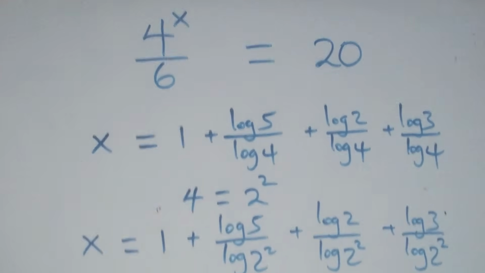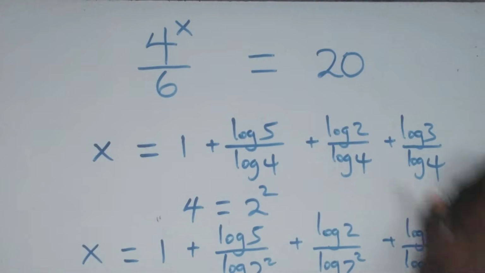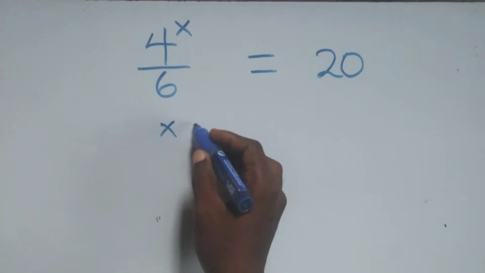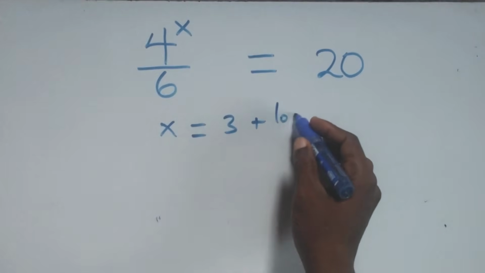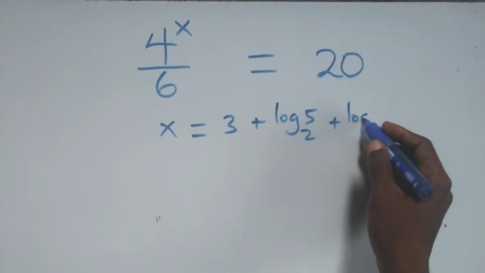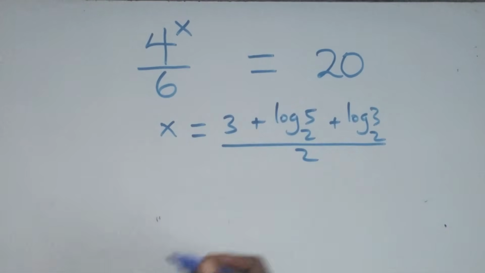We substitute the value of x here, which is x equals 3 plus log 5 base 2 plus log 3 base 2 all over 2.